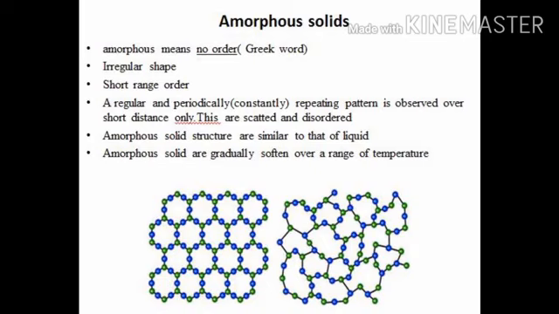In amorphous solids, a regular and periodic repetition pattern is observed over a short distance only, not continuously. After that it changes again.